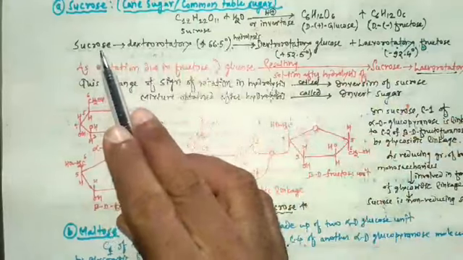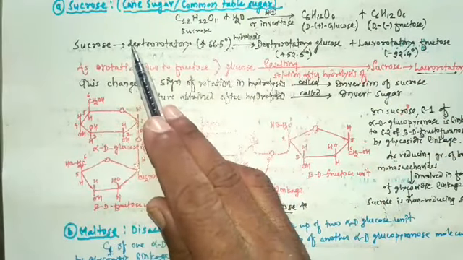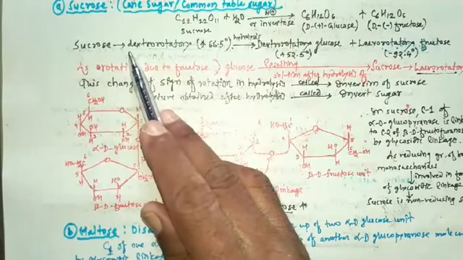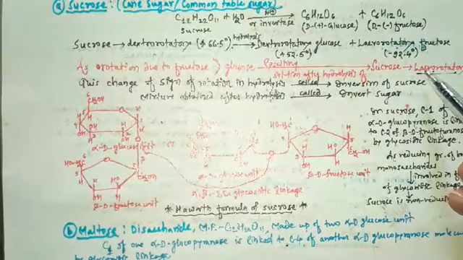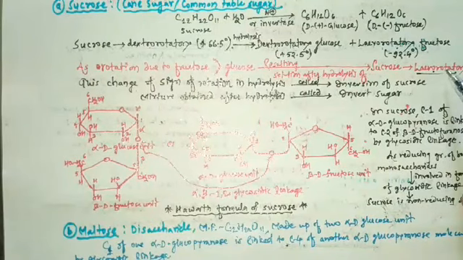The original substance is sucrose, a dextrorotatory compound. It rotates plane polarized light towards the right, that is plus. Finally, the solution obtained is levorotatory. It rotates plane polarized light towards the left, that means the sign of rotation is minus.